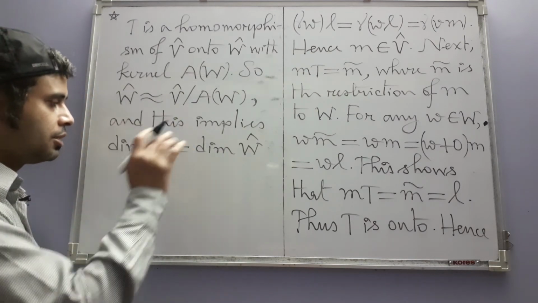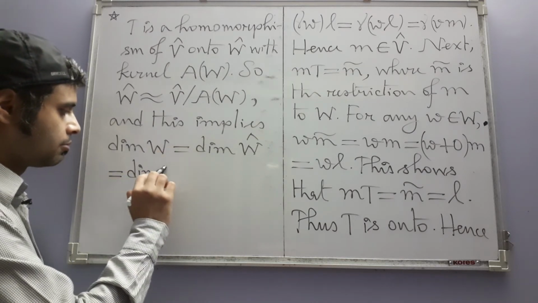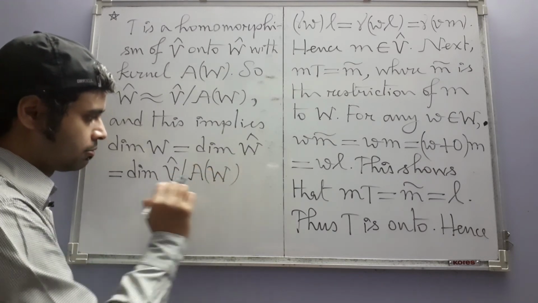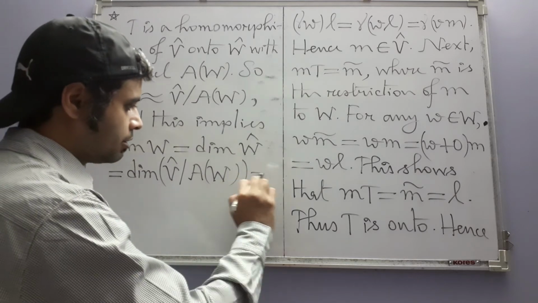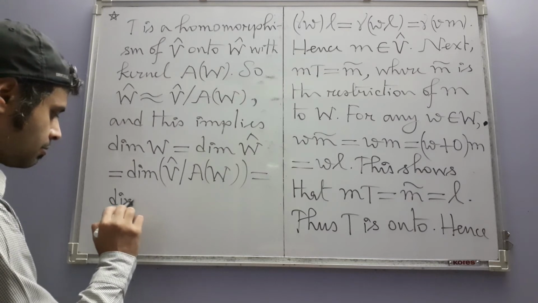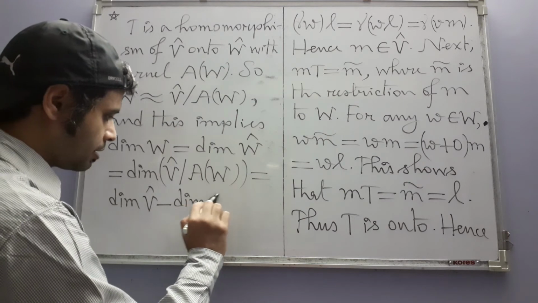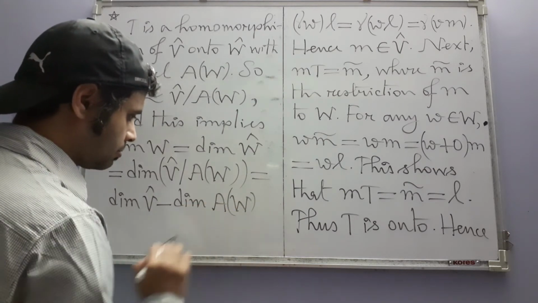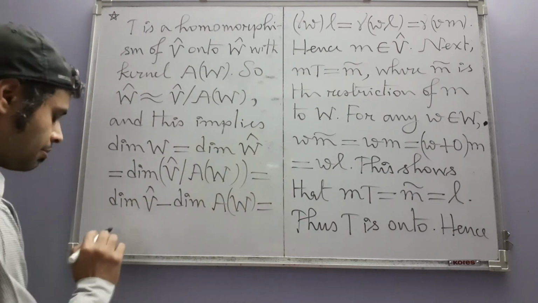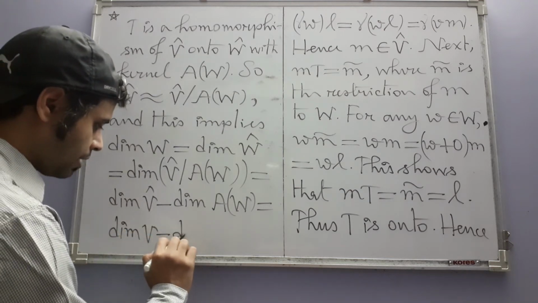But now from this isomorphism, this dimension is equal to this dimension, and this on the other hand from a previous result equals the dimension of V hat minus the dimension of the annihilator, and again using the fact that this dimension is equal to the dimension of the original space V, we finally get this.